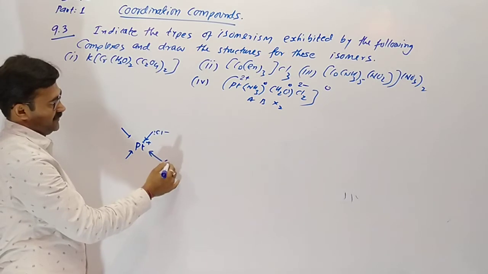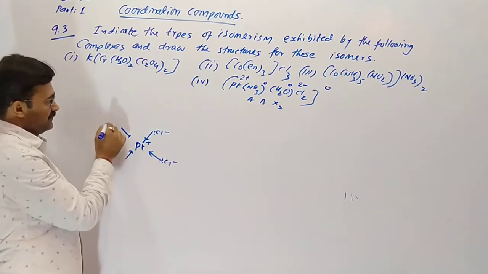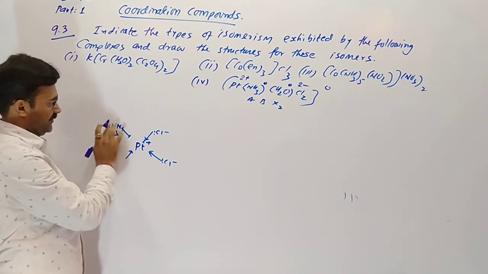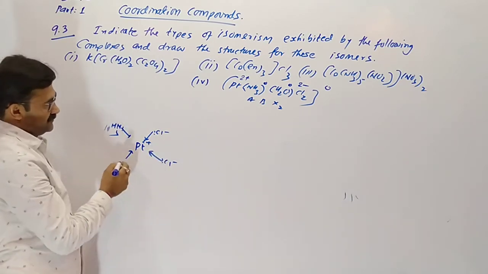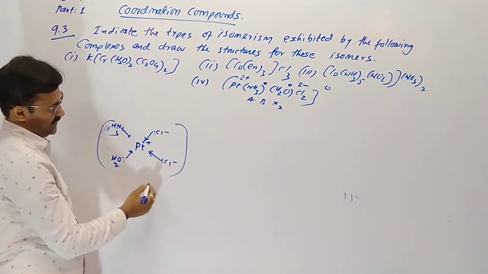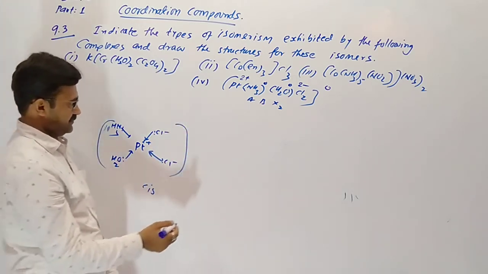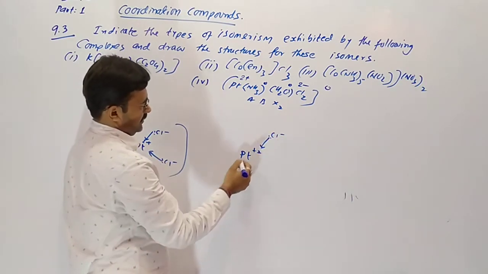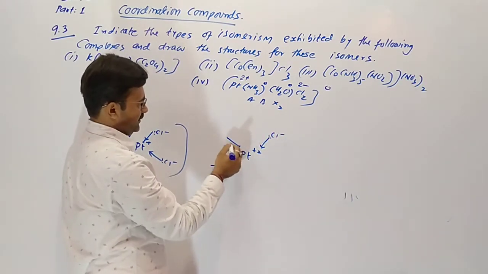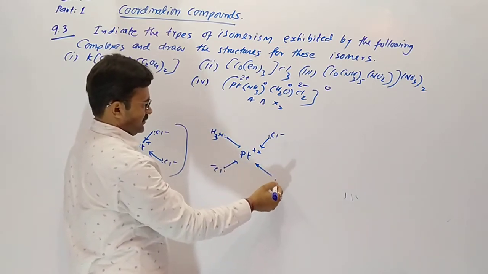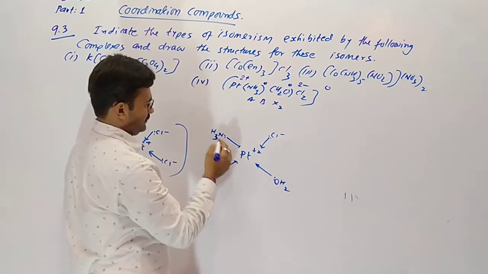Platinum combines with chloride. If both chlorides are close to each other, then it gives cis. And what about trans? The 2 chlorides are opposite to each other, so it gives trans.